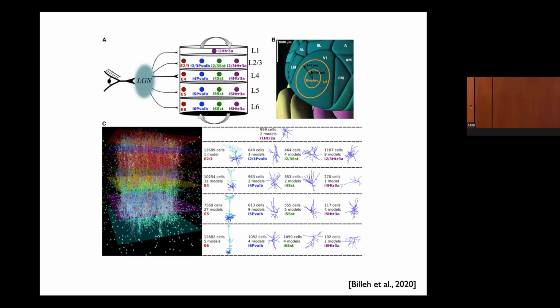And then, of course, if you want to simulate the way the visual system responds to stimuli when your eyes look at something, then you need to know what the inputs are into V1 that come from the visual part of the thalamus. In this case, they put a linear filter on the movie that is supposed to describe everything that happens in the retina and in the LGN that gets these inputs into V1.